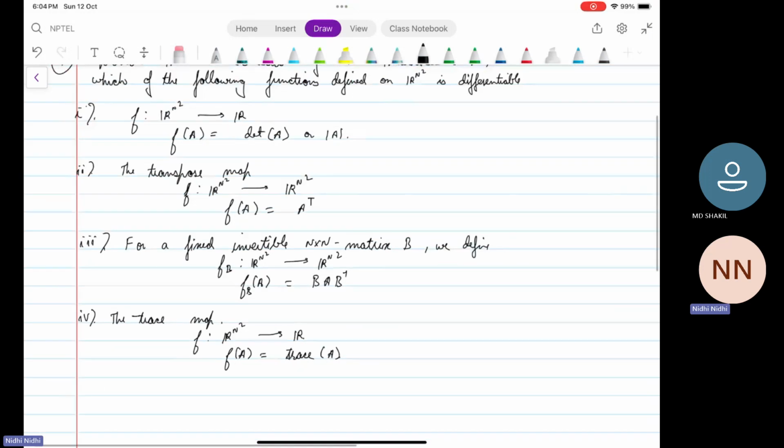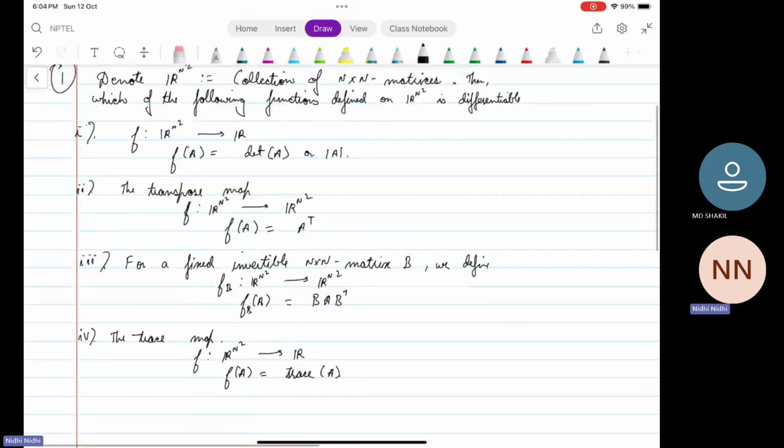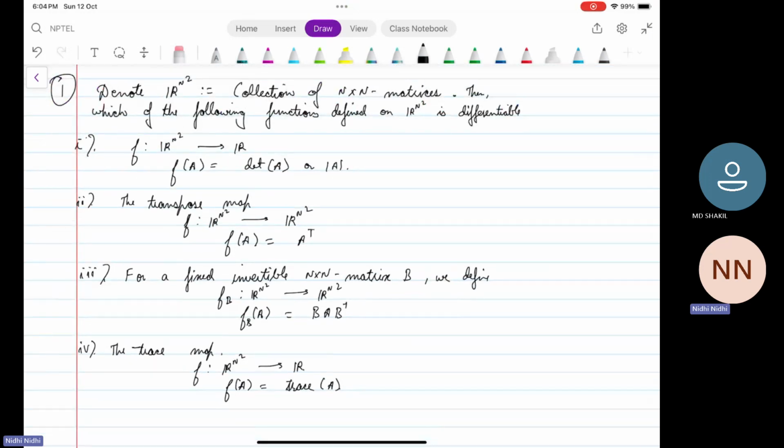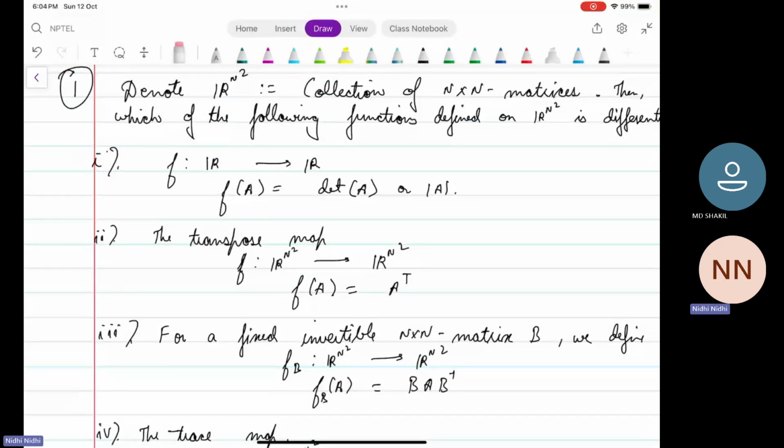So any guesses which of the following functions should be trivially differentiable? Determinant here. It is a polynomial, since it will be eventually a polynomial of these n square variables. And the rest of the three options come under the same criteria.